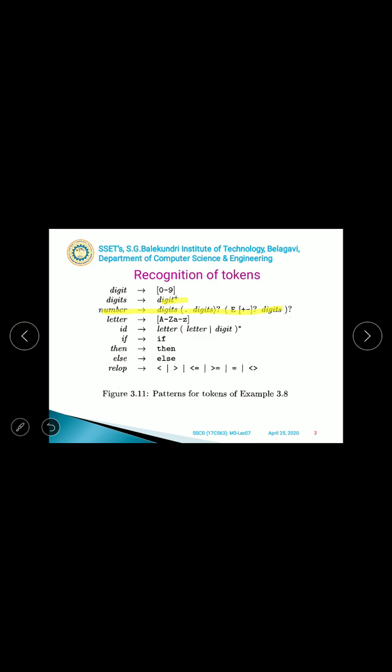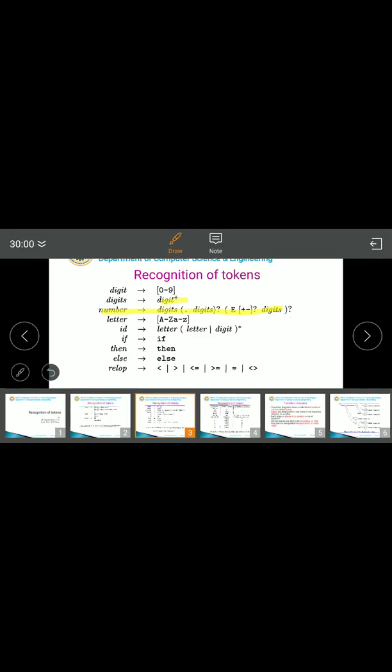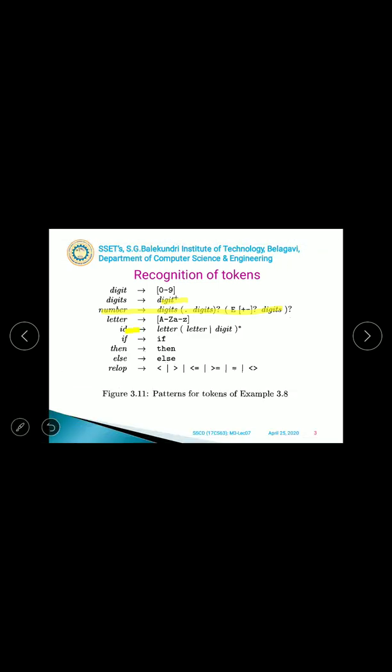Similarly, you can check for another one, that is the identifier. The identifier is nothing but a letter followed by zero or more letters or digits. We have already written what letter and digit are. The definitions for letter and digits are already given here.